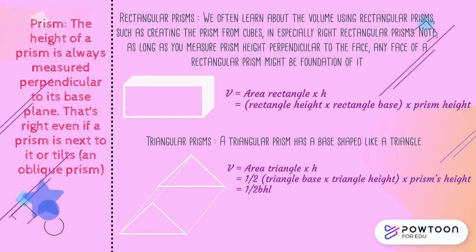Then triangular prisms. A triangular prism has a base shaped like a triangle. To find the volume of a triangular prism, the area of the triangle must be multiplied with the height. And the formula is 1/2 base of the triangle multiplied with the height and multiplied with the length.